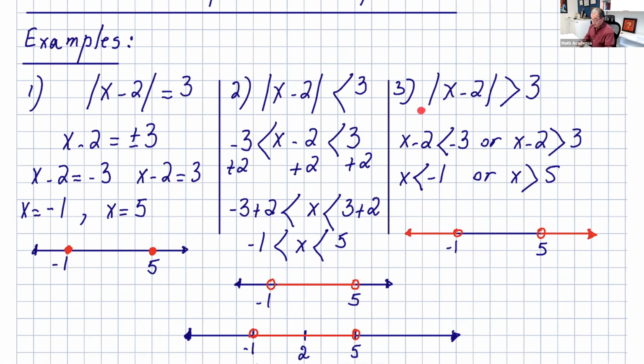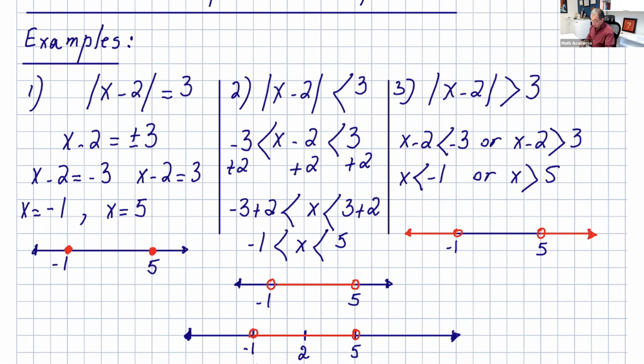The third type is also an inequality, but you have the greater than sign. If the absolute value of x minus 2 is greater than 3, that means x minus 2 is less than negative 3, or x minus 2 is greater than 3. That means x is less than negative 1 or x is greater than 5.